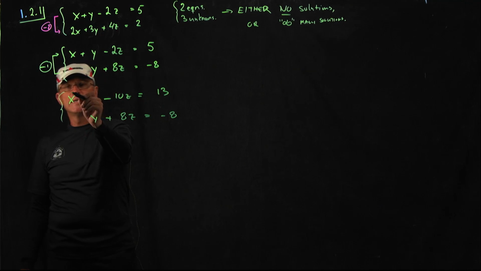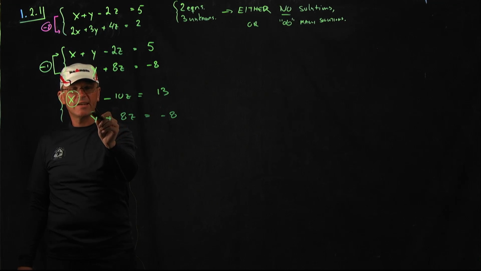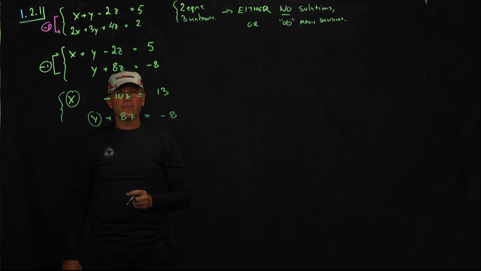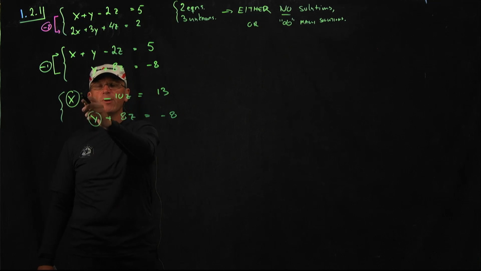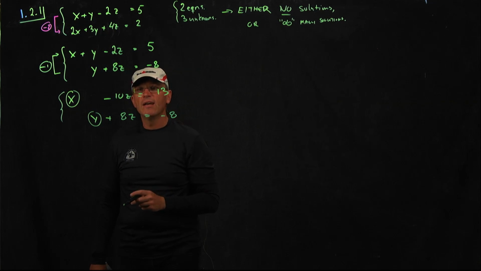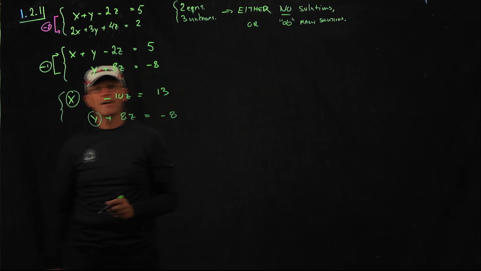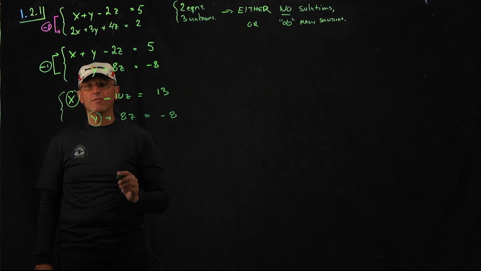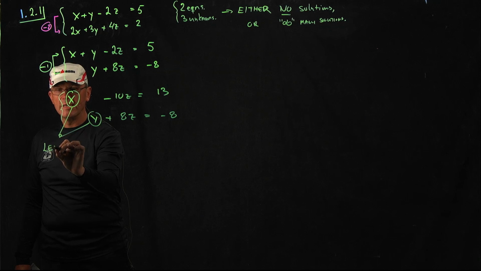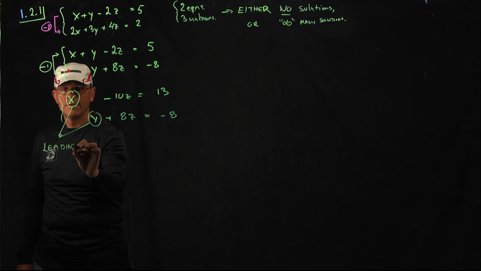Right, so we have, again, this scenario where we have x and y sort of separated out from everything else, right? X only appears in the first equation, y only appears in the second. Z is hanging out all over the place, right? And we can't get rid of it. So these two are what we call leading variables.